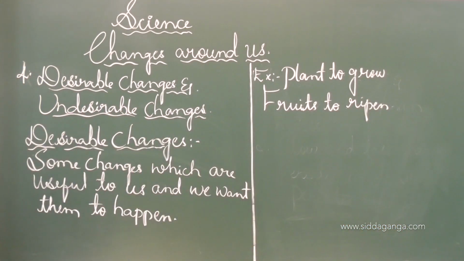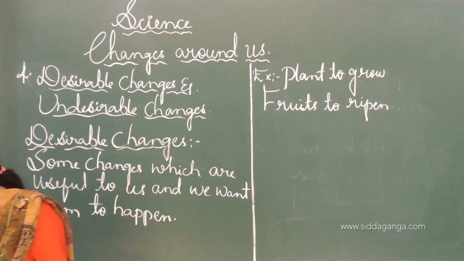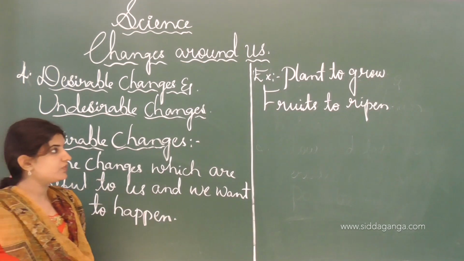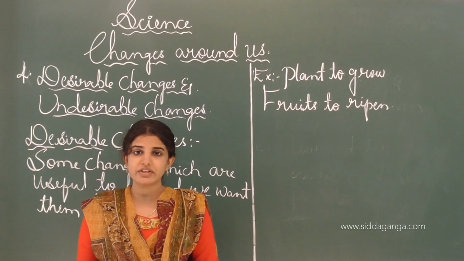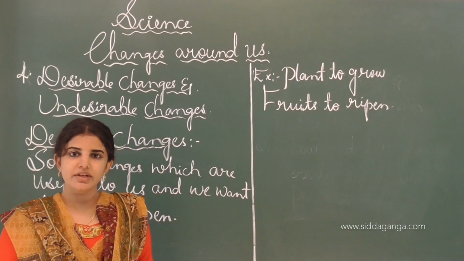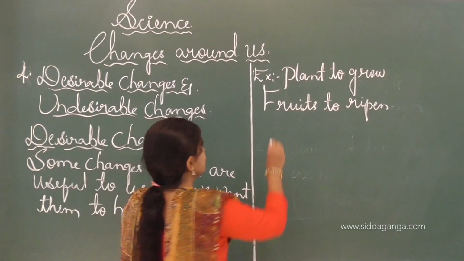These are examples of desirable change, and some more examples are food to be cooked and wet clothes to dry up. These are examples of desirable change.